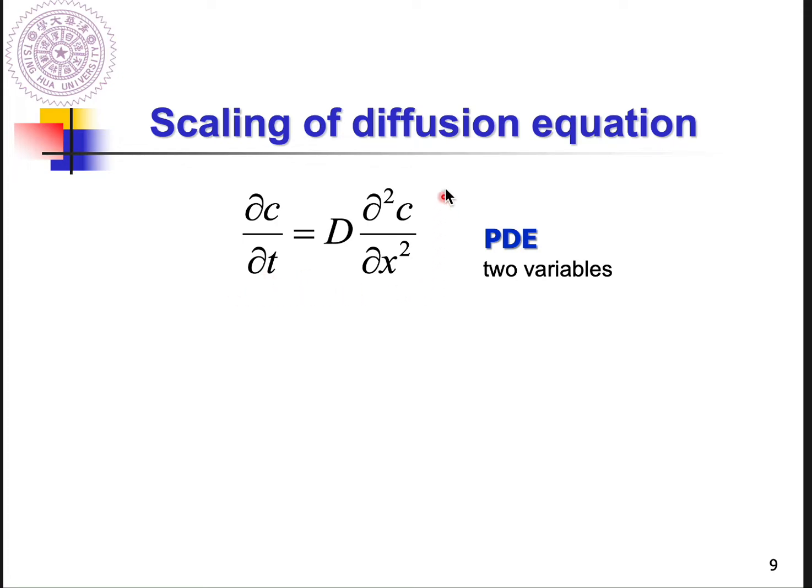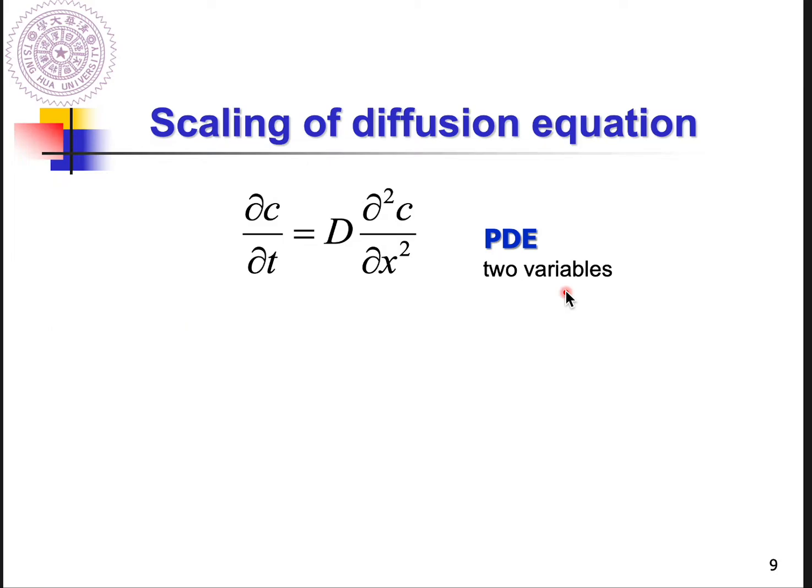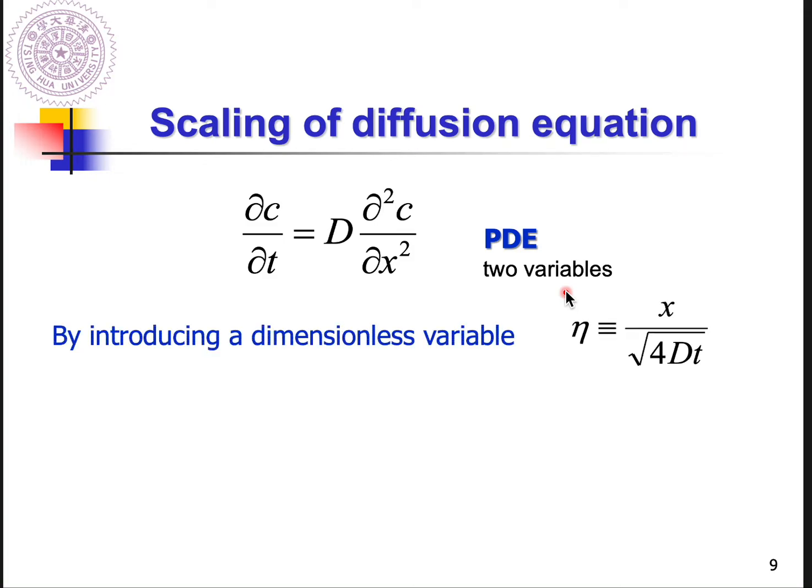And it's quite difficult to solve this differential equation with 2 variables. So in order to convert this PDE to an ODE, an ordinary differential equation with only 1 variable, we are going to introduce a dimensionless variable iota.